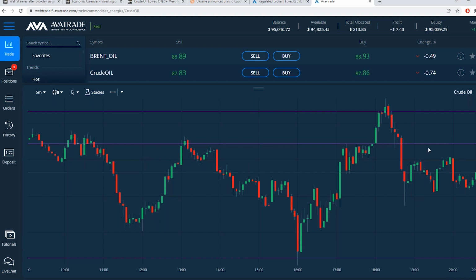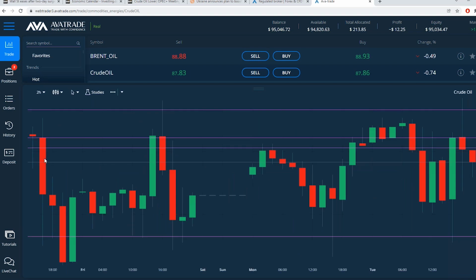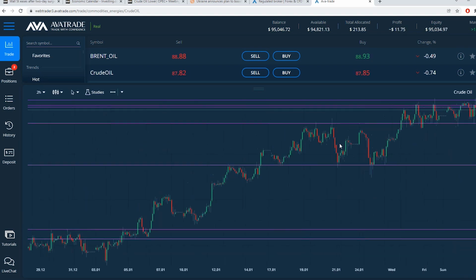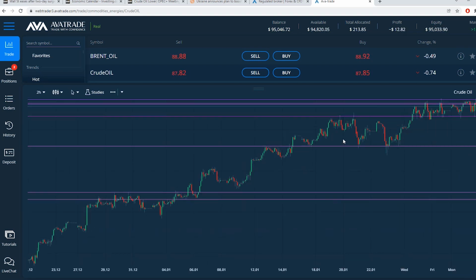Then it formed a new resistance here and couldn't break it. Resistance down, resistance down. So depending on which candles you're looking at, you might have already confirmed a downtrend, David. So it depends whether you have a micro view on small candles or more of a macro view on the larger candles as to your judgment as to whether there is confirmation of a downtrend or not. Very good point, very good question.